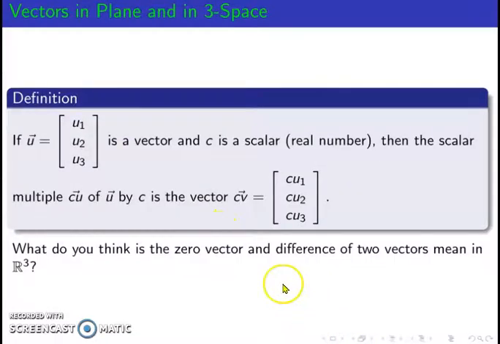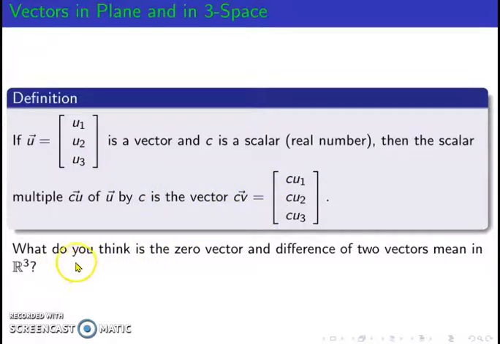Similarly for the scalar multiple, consider u a vector and c a scalar or a real number, then the scalar multiple of the vector u by c is denoted by cu. This is similar notation to R squared. So that is the vector cu, with components c times u1; the corresponding components of the vector u are multiplied by c.